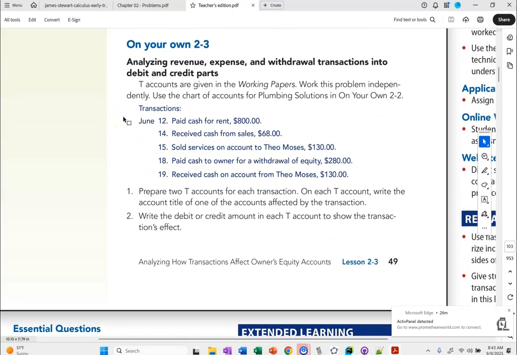What was the title of it? John Jensen Drawing. That's the name of the account. It's going to be the owner's name, and then drawing is the owner pulling money out.